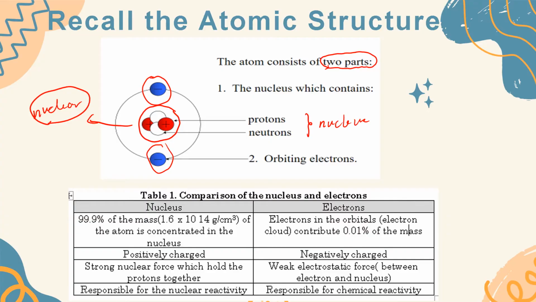This is just a comparison of the nucleus and the electrons. The nucleus consists of 99.9% of the mass of the atom, concentrated in the nucleus. Ito yung mabigat talaga. Ang nagpapabigat talaga sa atom is mismong nucleus, di ba? And the electrons are very light, but they have the most volume.